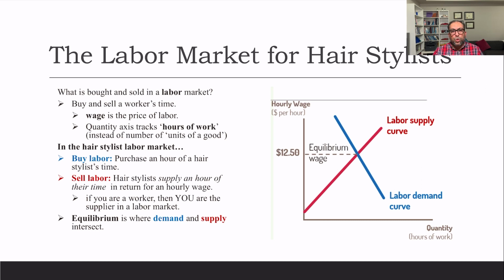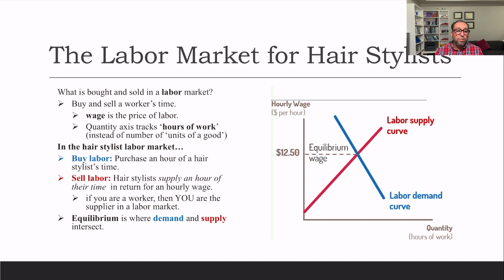Here, we plot the number of hours, the quantity of hours demanded or supplied, on the x-axis, and on the vertical axis, because the price of labor is wages, we plot the hourly wage rate.